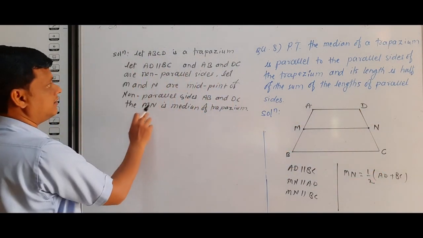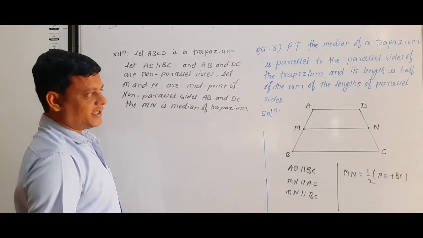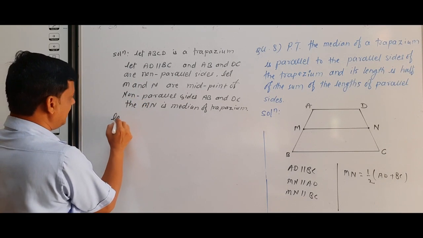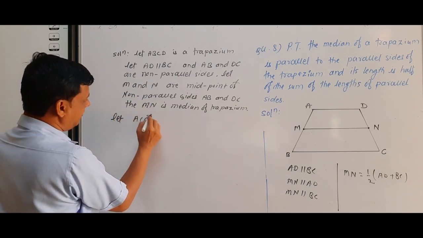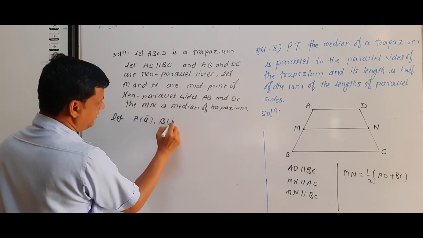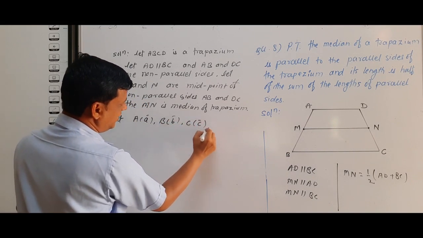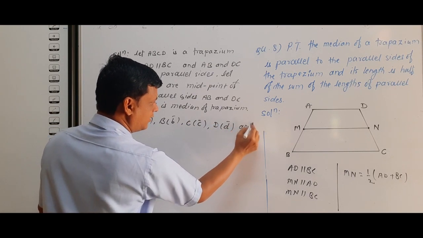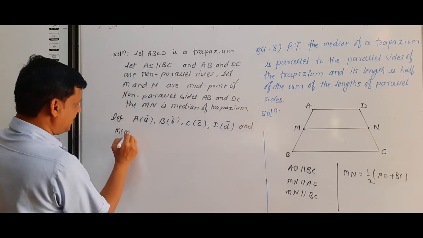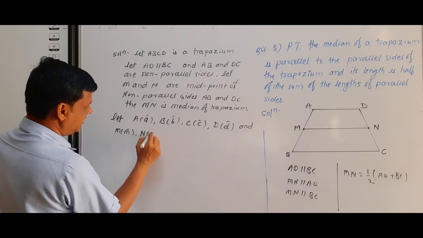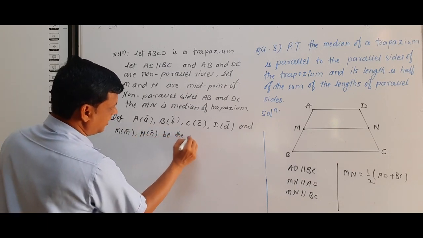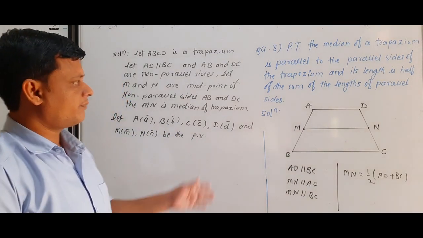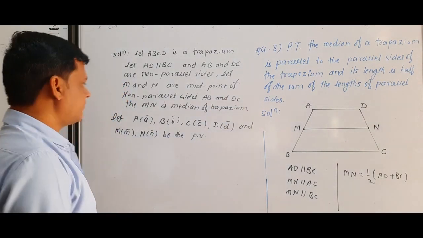So first we write all the vertices and their position vectors. Let A of A bar, B of B bar, C of C bar, D of D bar, and M of M bar, N of N bar be the position vectors.